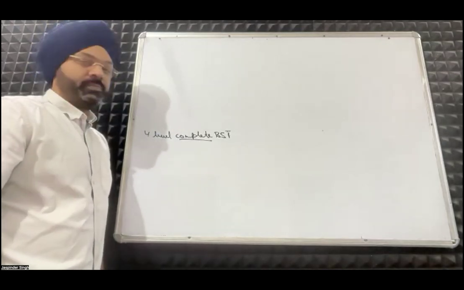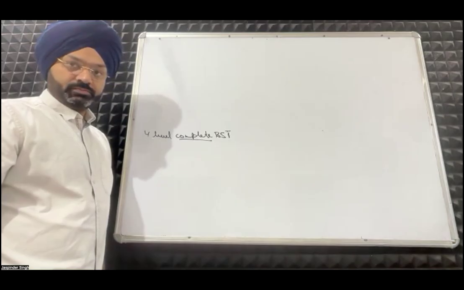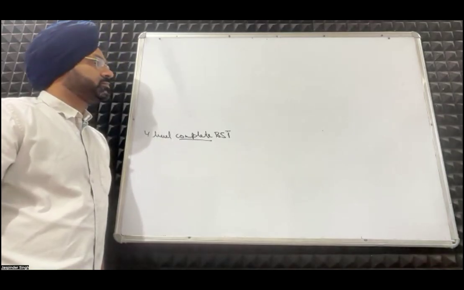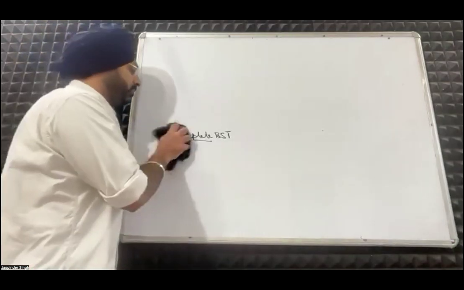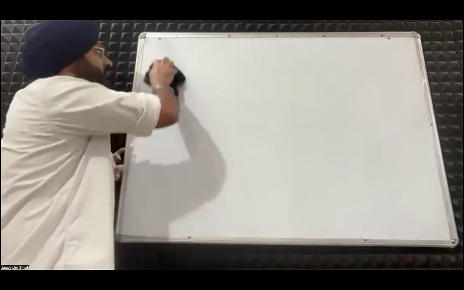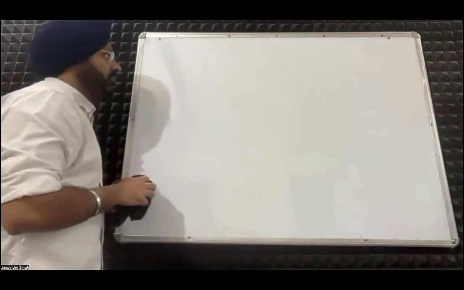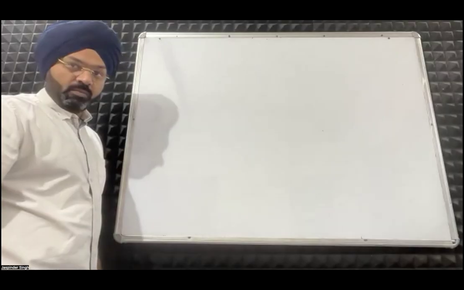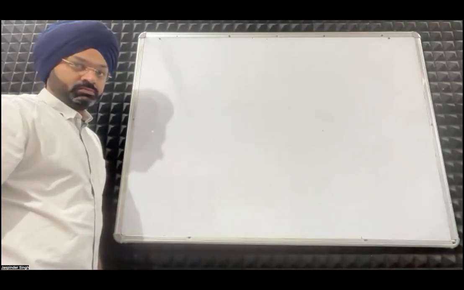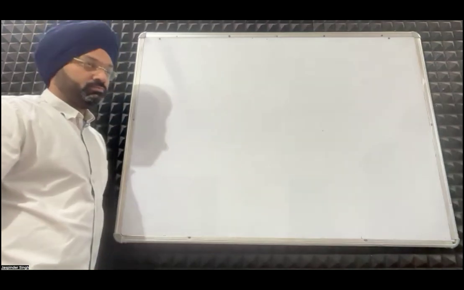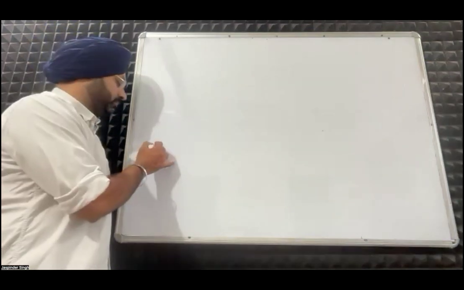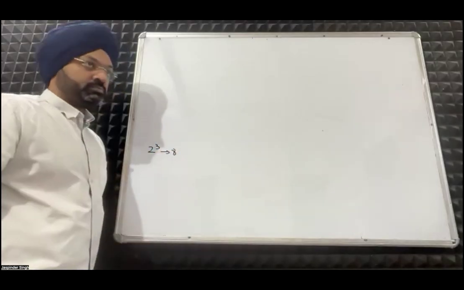Vishal, do you want to give it a try? 4-level complete BST. Yeah. So that means we have 4 levels, right? 2 raised to 3, so let's have 8 nodes in the last level.